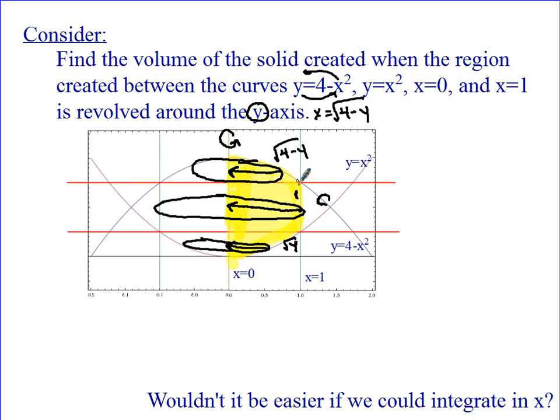Okay, so let's look at this top piece here. Remember we're doing this in y, which means we have to have y bounds. So I'm going from this point up to this point, and this point is where x equals 1 crosses y equals 4 minus x squared. So I plug in x equals 1 and I get y equals 4 minus 1 squared, which is y equals 3.